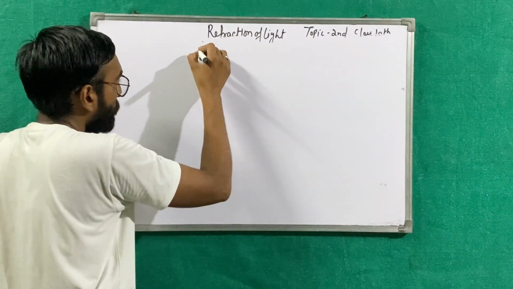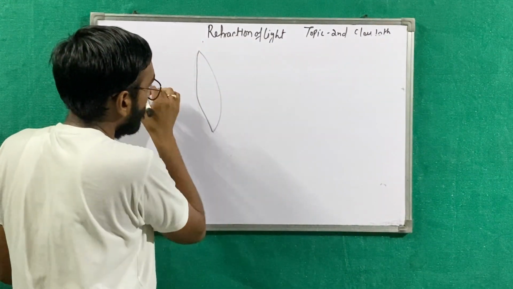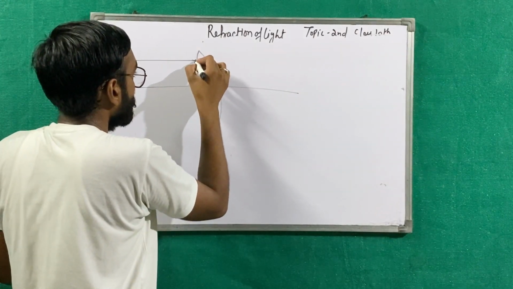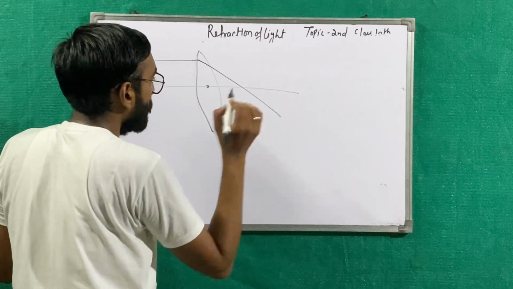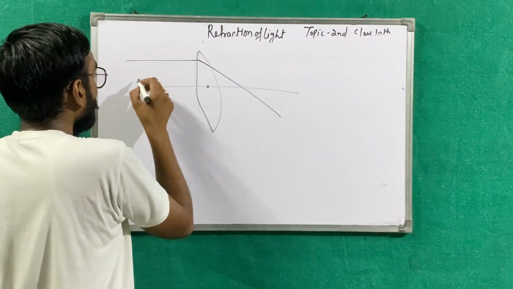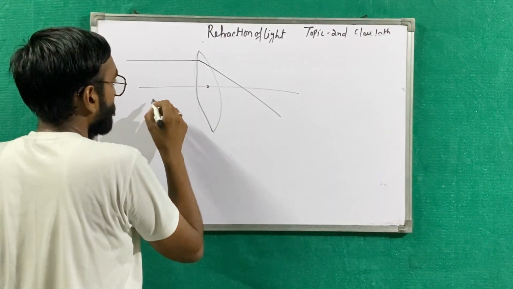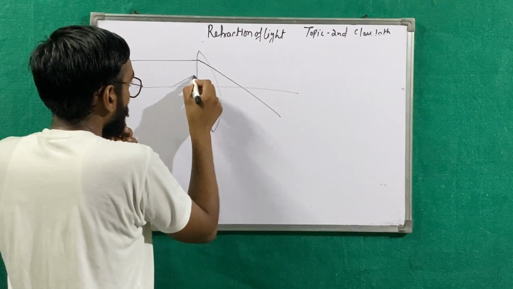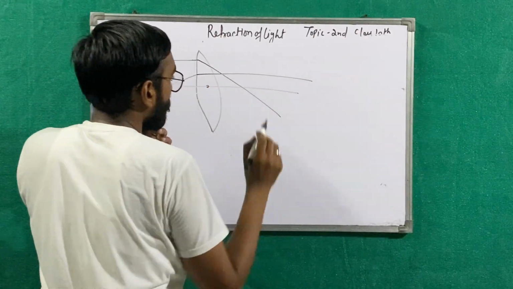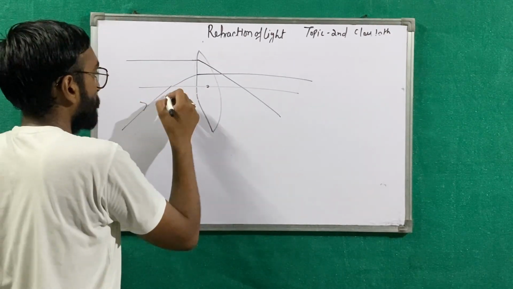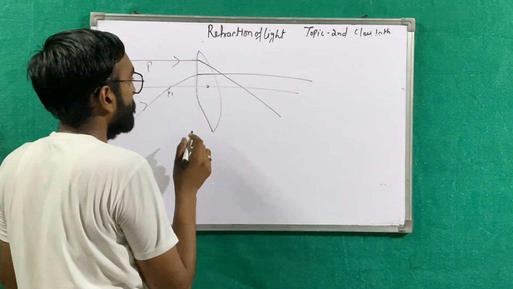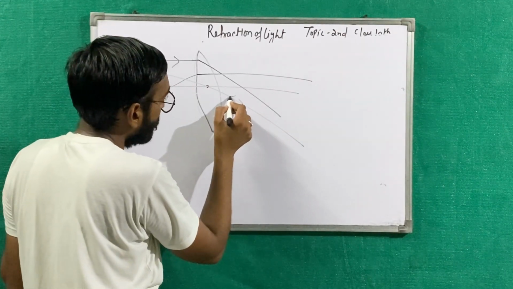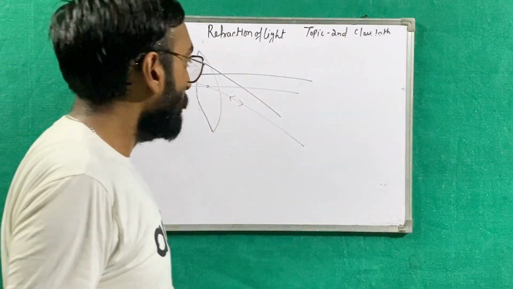So we are doing for a convex lens, a ray that is parallel to the principal axis always passes through the focus, and the ray that is passing through the focus is always going to be parallel. Okay. The ray that is going through the optical center will always go straight through the optical center.